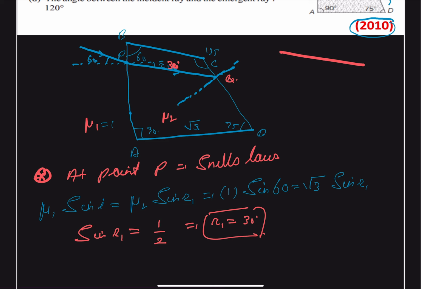So this is our B and this is our C. This is our P point, and the ray is approximately going somewhere here. So we know this as a 60. This angle is our 135. And this entire angle will be equal to 60 plus 30, that will be 120. Sorry.